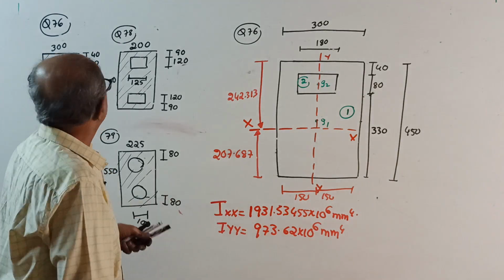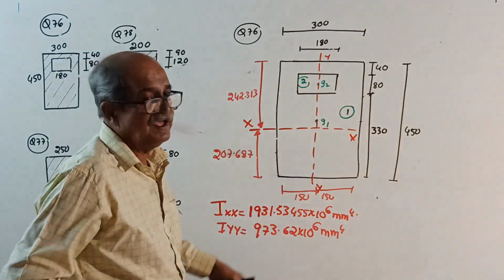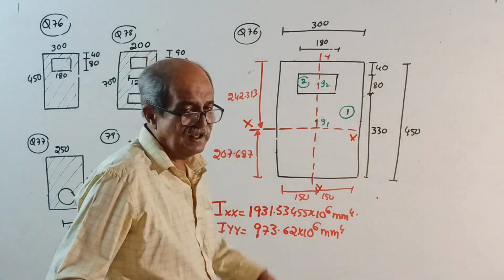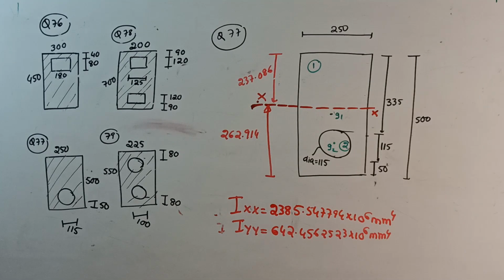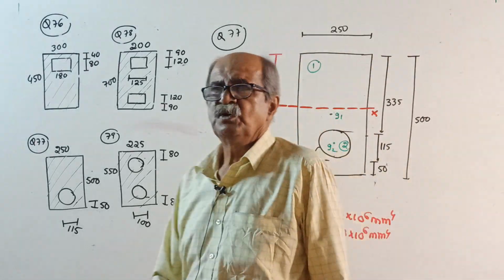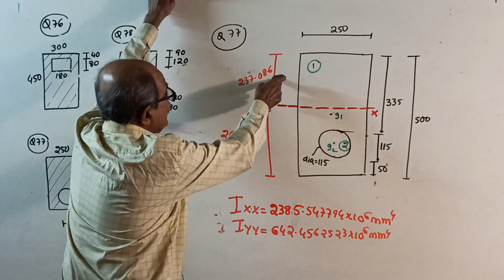So now I will give the answer for 77. 76 I already gave the answer here. 77 I will prepare the answer with a sketch. Okay, I calculated Y bar, I got 262 point something, I wrote here.